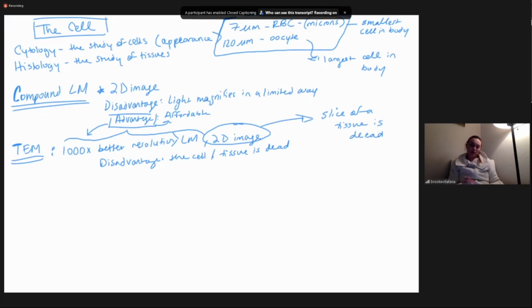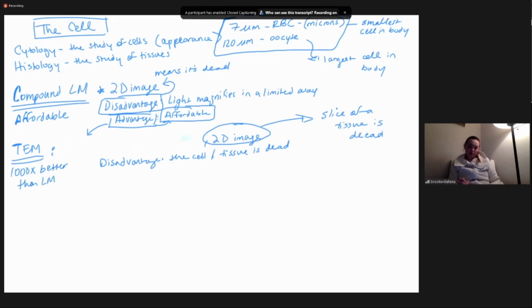So a disadvantage to the compound light microscope is that this 2D image means it's dead, right? And the same thing here, 2D image, disadvantage to TEM is that it's dead, okay? So the big advantage, it's affordable for compound light microscope. And the big advantage for TEM, it magnifies 1,000 times better than the light microscope, okay? So those are the big advantages there.